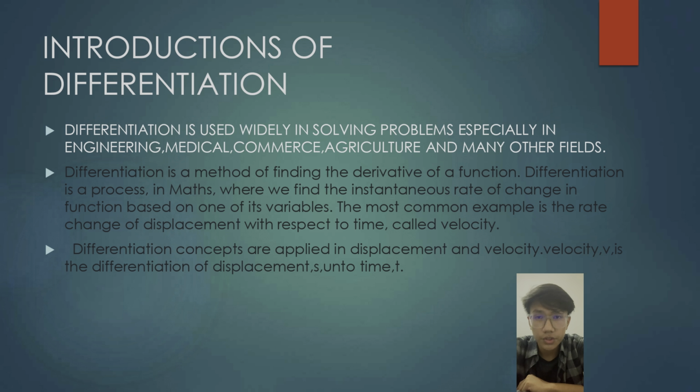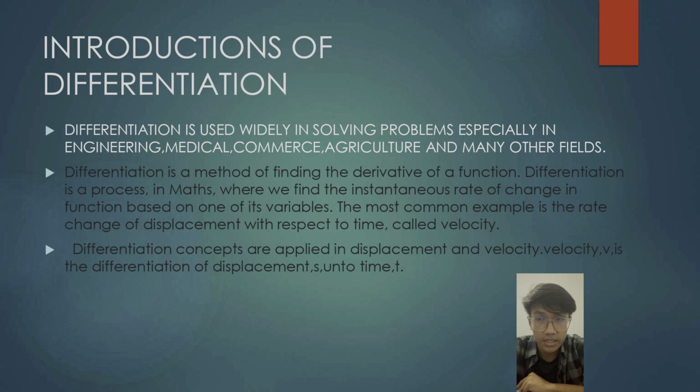Okay, introduction of differentiation. Differentiation is used widely in solving problems, especially in engineering, medicals, commerce, agriculture, and many other fields. Number 2: differentiation is a method of finding the derivative of a function.